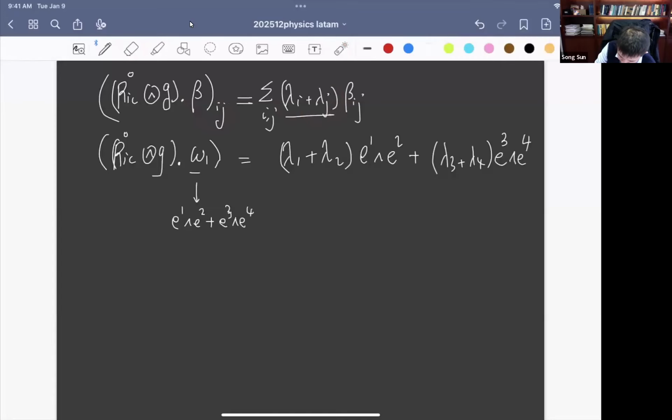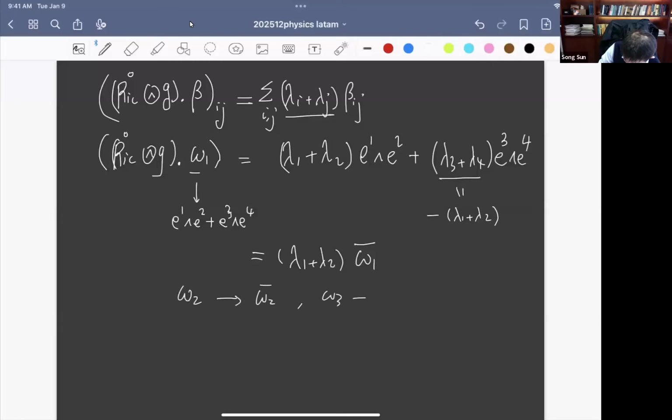But then we use the fact that it's traceless. So lambda 3 plus lambda 4 is negative lambda 1 plus lambda 2. So this is just lambda 1 plus lambda 2 times omega 1 bar, which is e1 wedge e2 minus e3 wedge e4. So it maps omega 1 to omega 1 bar, and similarly it maps omega 2 to omega 2 bar, omega 3 to omega 3 bar.